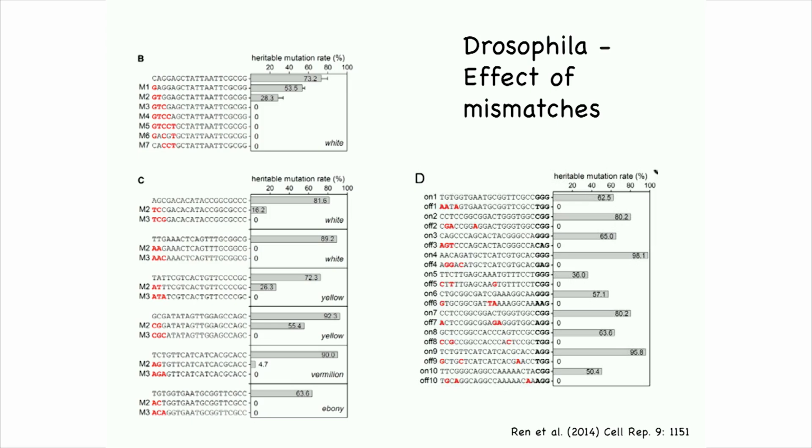And what they find is that one or two mismatches out at the 5' end decrease but don't make the mutagenesis go away. But as you begin making more mutations and moving them a little more into the body of the guide, you're getting no mutagenesis at all. And these are at a number of different targets.